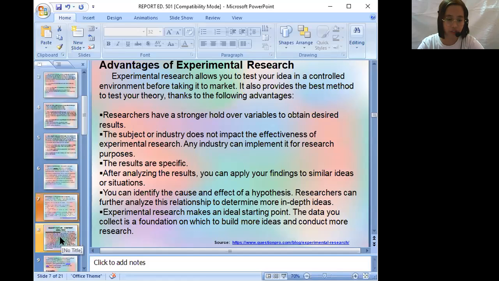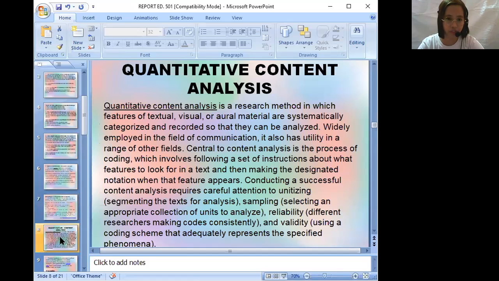So let's go now to the quantitative content analysis. Quantitative content analysis is a research method in which features of textual, visual, or oral materials are systematically categorized and recorded so that they can be analyzed. Widely employed in the field of communication, it also has utility in a range of other fields.